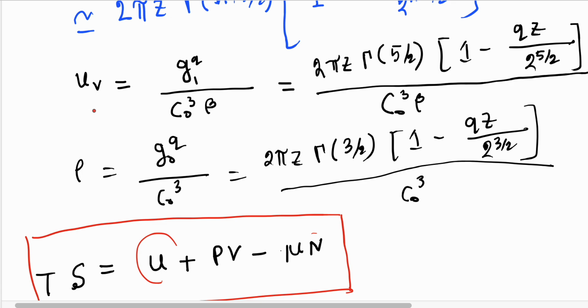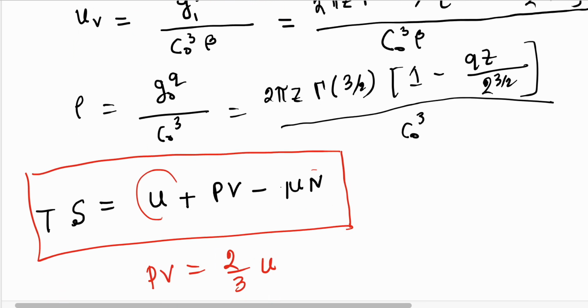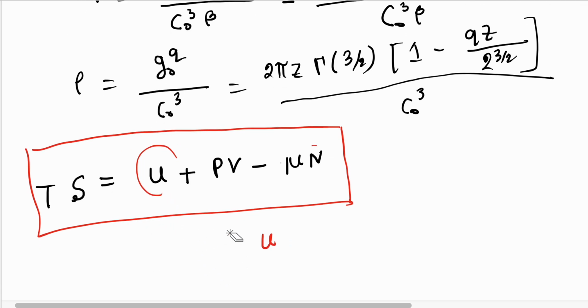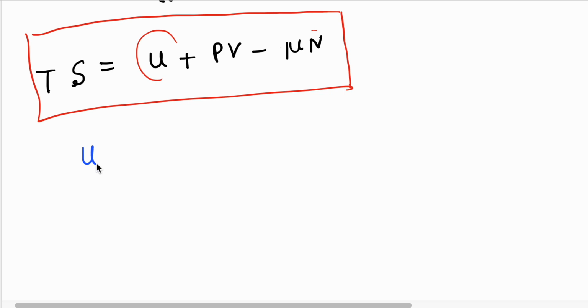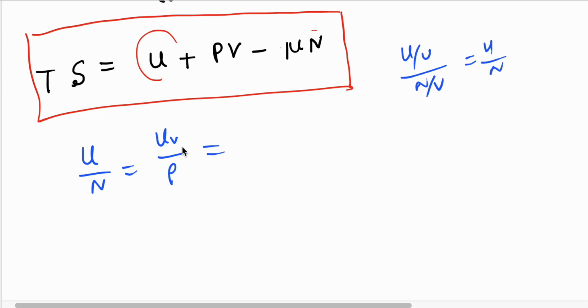So first write it, what is the leading order correction of this. We want to write U, since this actually contains so many things, this constant, we want to get rid of this constant. So we want to express U by n, actually u v by rho v is U by v by n by v, so that means U by n. We can write it like that.